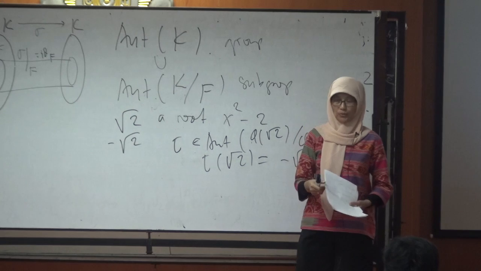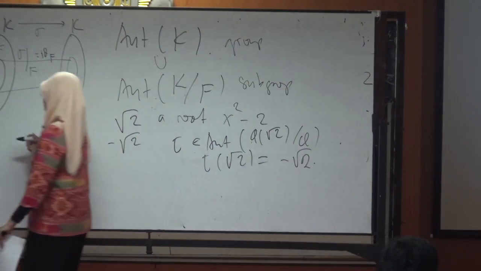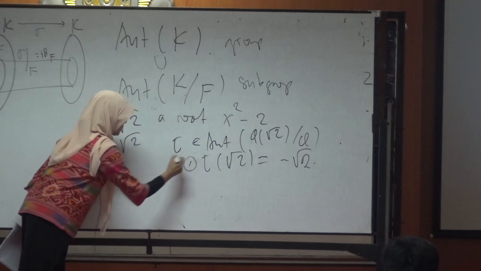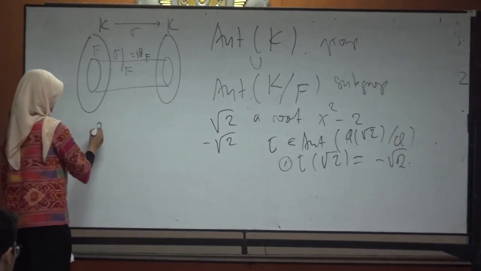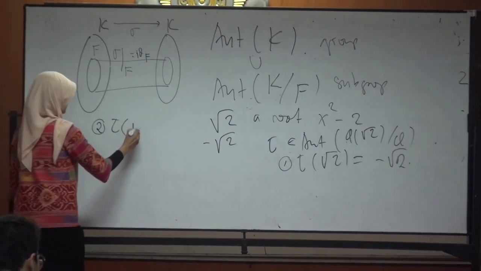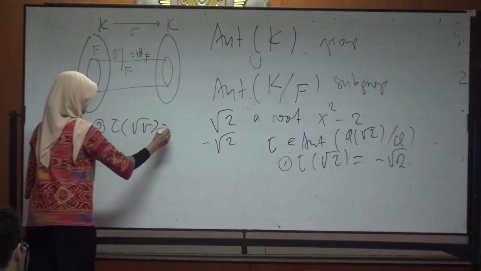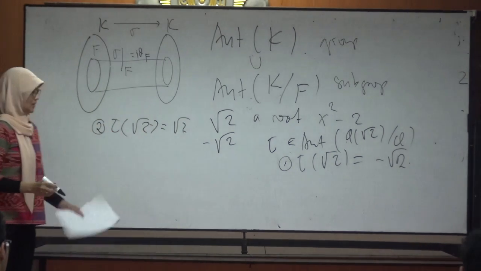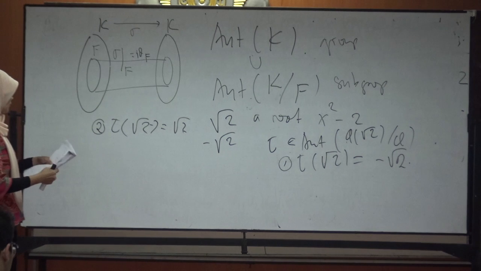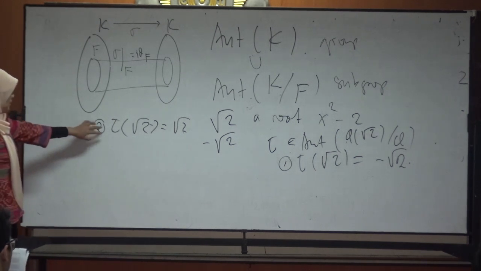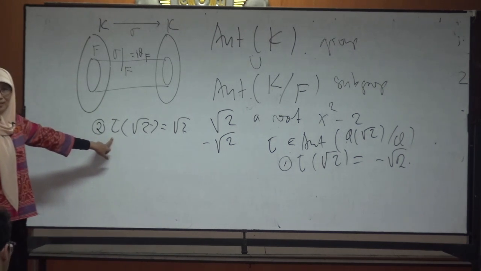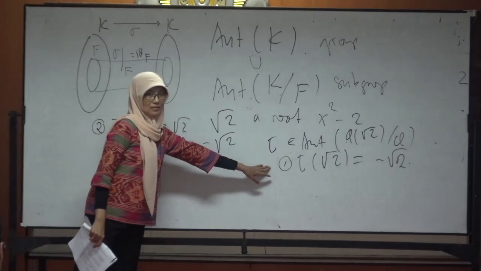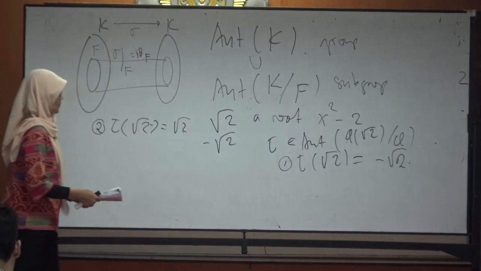So only two possibilities. This is possibility one, then the other is it goes to itself. If we choose this one, the automorphism will be identity, and if we choose this one, we will meet an isomorphism.